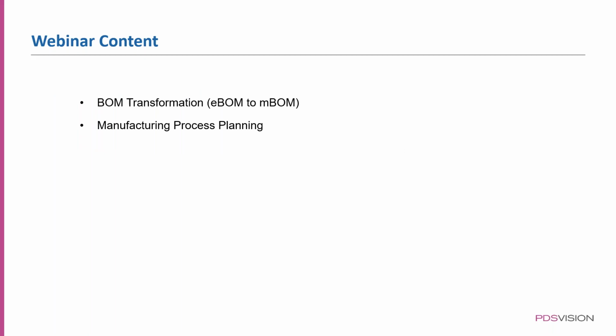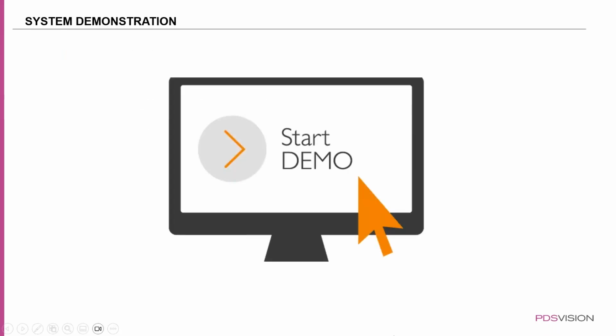So in today's live demonstration, we will go through BOM transformation. BOM transformation is a feature which comes with the MPMLink module. Once we are done with BOM transformation, we will also go through what manufacturing process planning is. Let's go to the demonstration now.